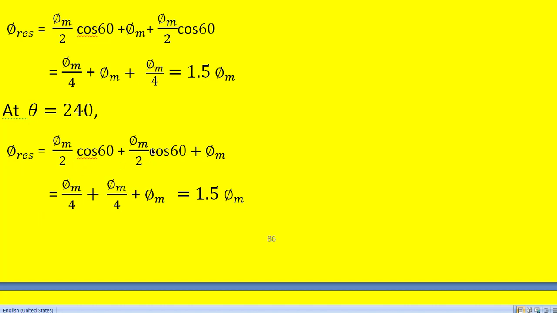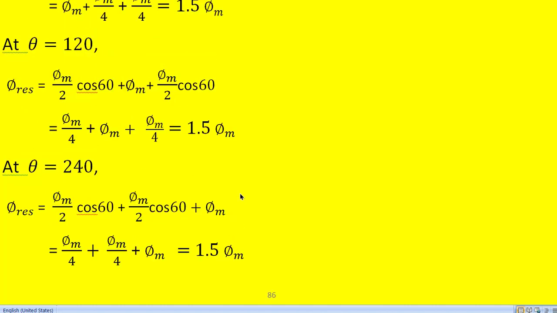Phi r is phi m by 2 cos 60, and Y phase is phi m by 2 cos 60, plus B phase is phi m. Once we add this, we get phi m by 4 plus phi m by 4 plus phi m. So we get 1.5 into phi m.